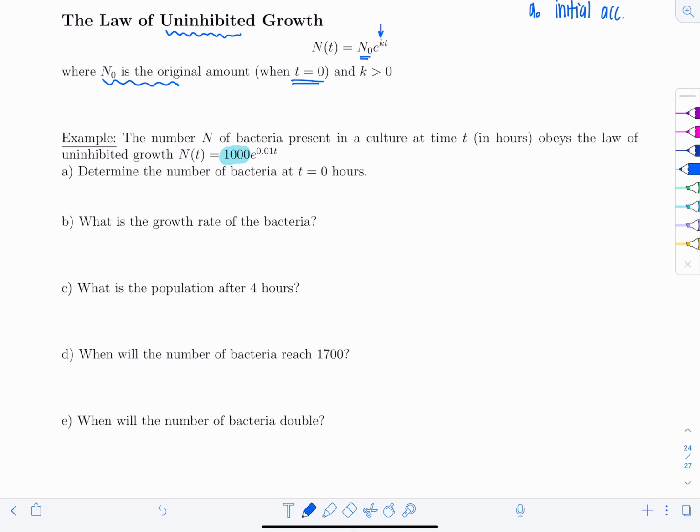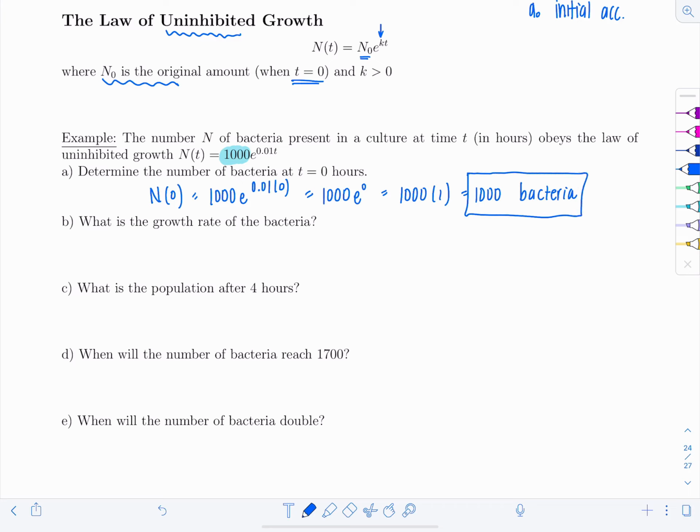If you're not comfortable doing that, though, we can plug it in. So N of 0 is 1,000 times e to the 0.01 times 0. That's 1,000 times e to the 0, which is 1,000 times 1. So we have 1,000 bacteria to begin with.